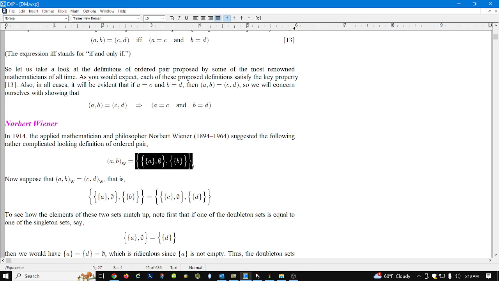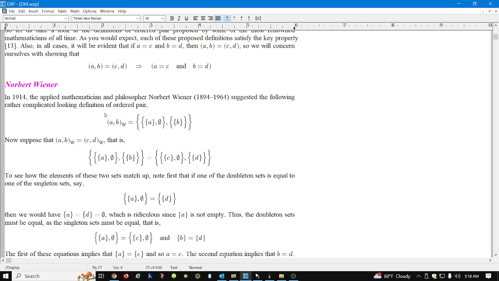It's rather a complicated looking suggestion. A lot of brackets. Let's check the key property. If two ordered pairs are equal, we need to verify that A is equal to C and B is equal to D.